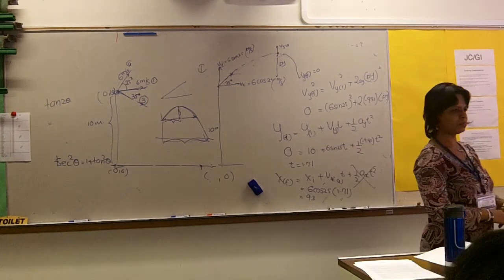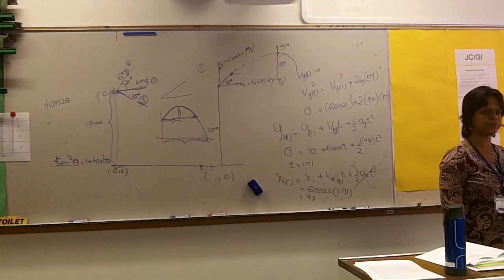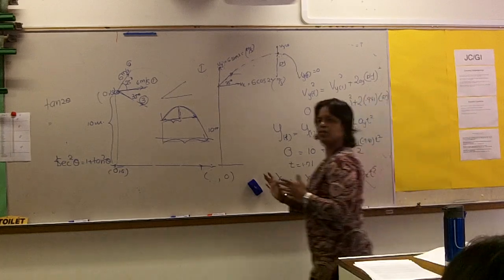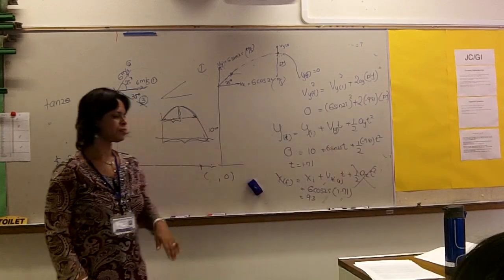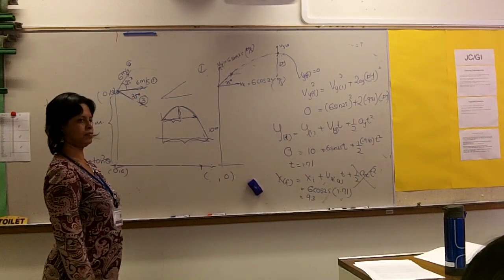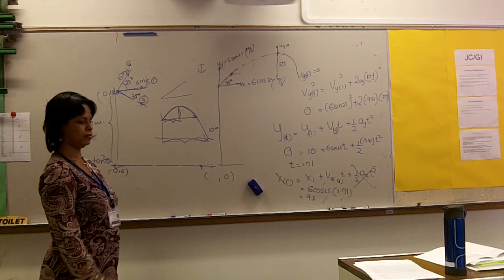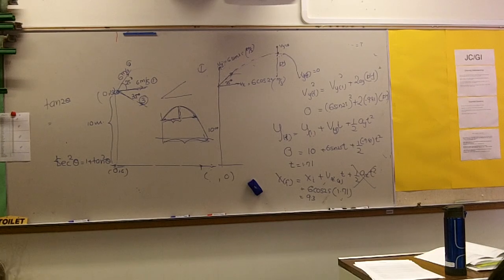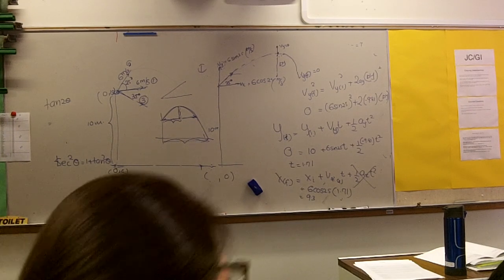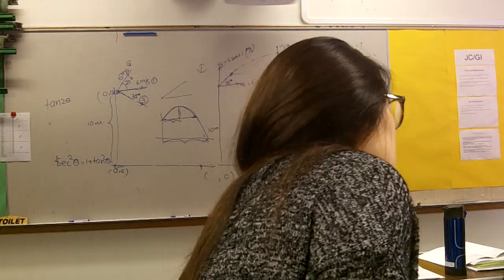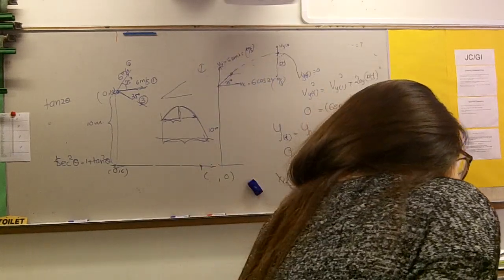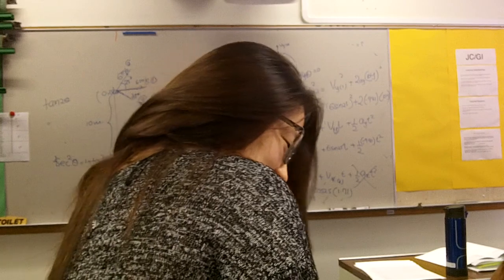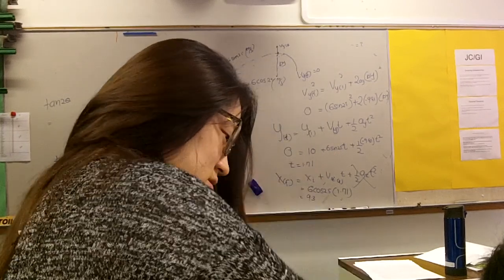How do you change the degree mode? Let's see. So 6 times sine 25.